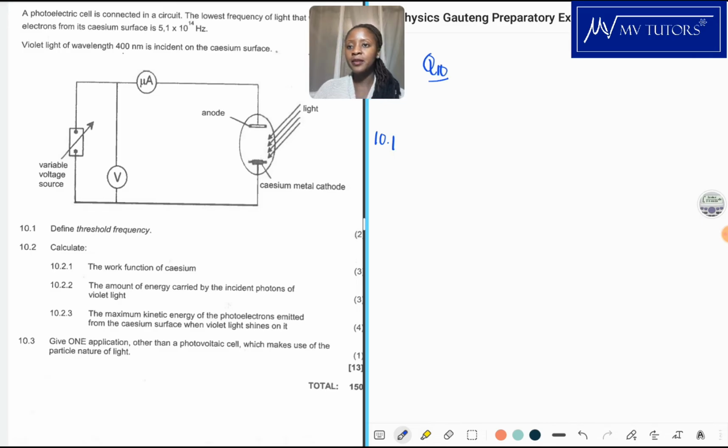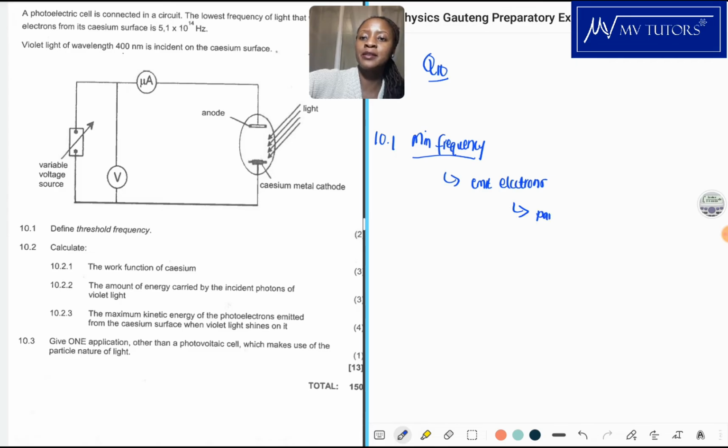So, keywords: minimum frequency required to emit electrons from a particular metal surface.